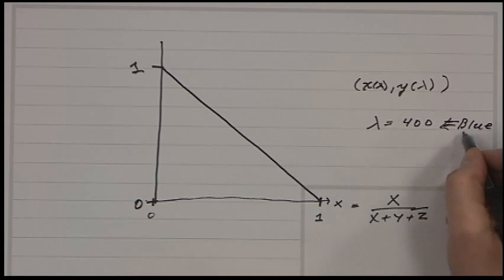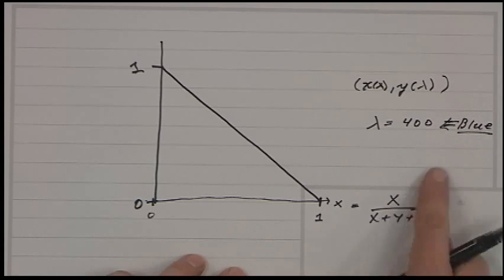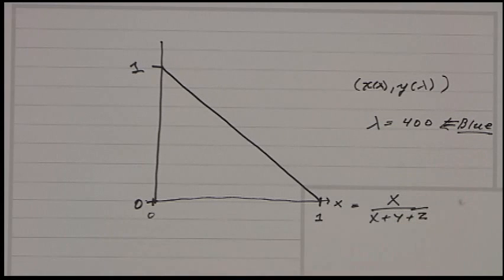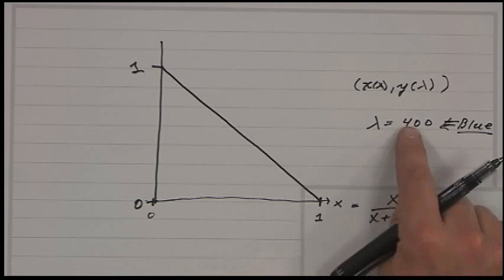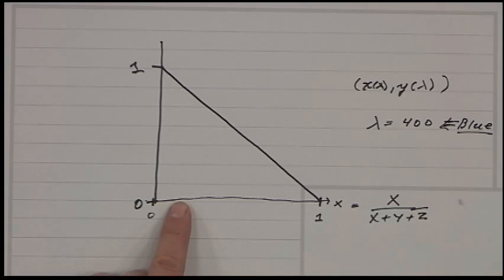If you were a color aficionado, you would not call this color blue, but it's more blue than it is red or green, okay? So we'll call it blue, okay? And if you go any further, it's going to be ultraviolet, right?